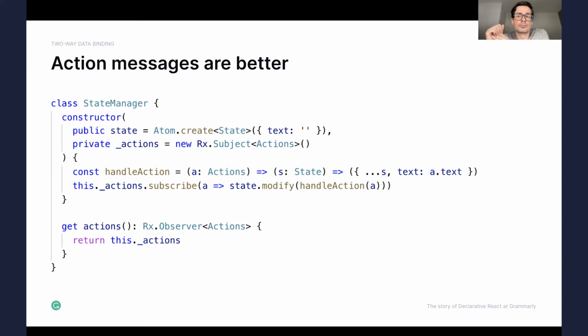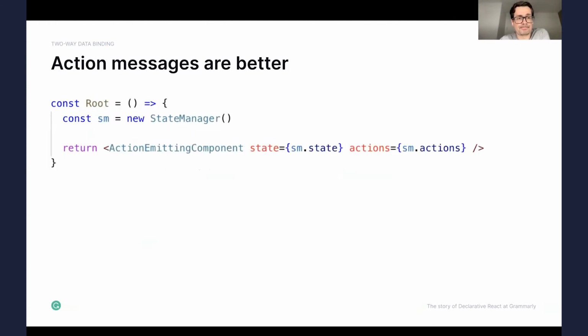The trivial implementation would listen for all the actions, subscribe to them, and every time a new action is emitted, modify the state that is stored in the atom, which will result in emitting a new state value, which would result in re-rendering of the UI.